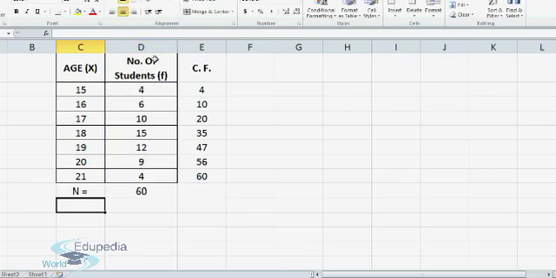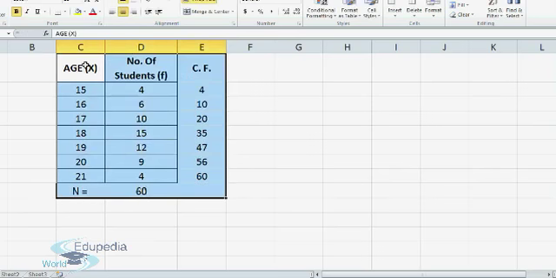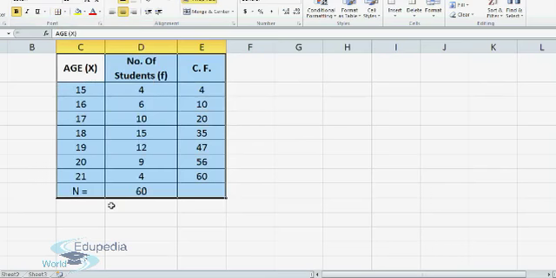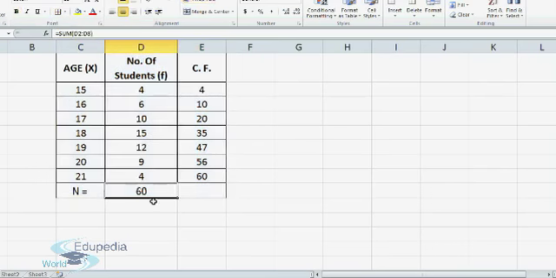Well, to understand the working of finding out the quartile and the percentile deviation, you can refer to our video on partition values. Alright, so here n is equal to 60, and we know that quartile divides the data into 4 equal parts.